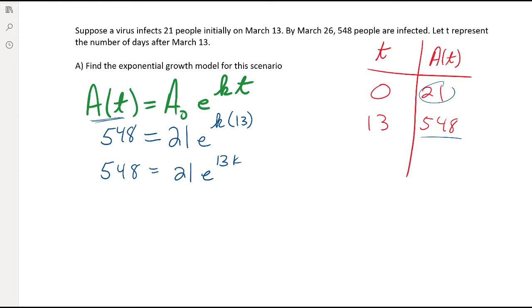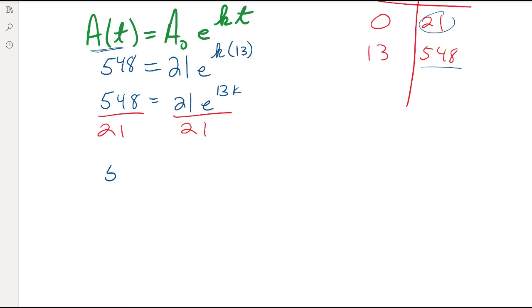So the first thing we're going to do is divide both sides of this equation by 21. I want to isolate the exponential with the k in it. So on our left-hand side, we have 548 divided by 21. We're not going to turn that into a decimal just yet. And on our right side, we have e to the 13k.